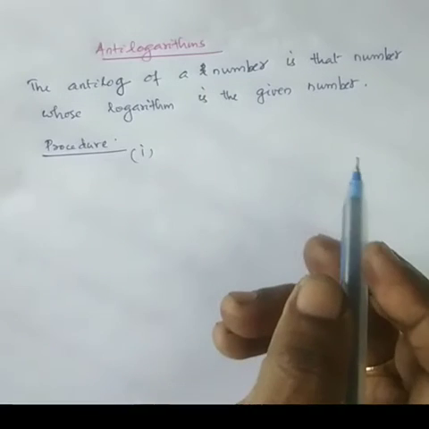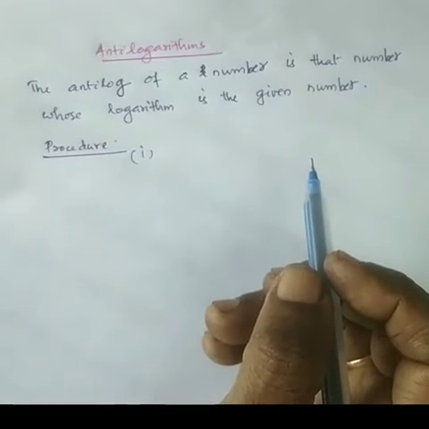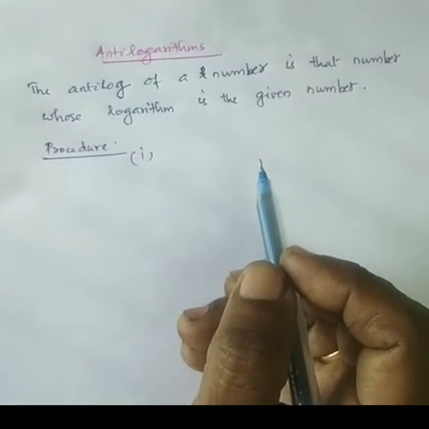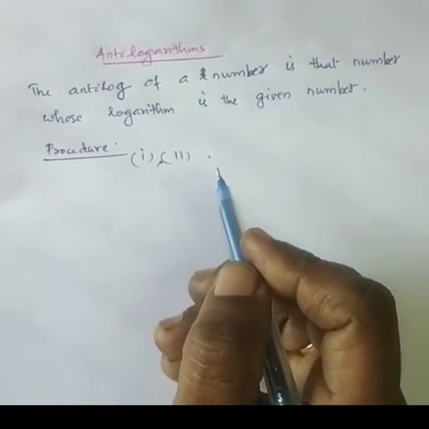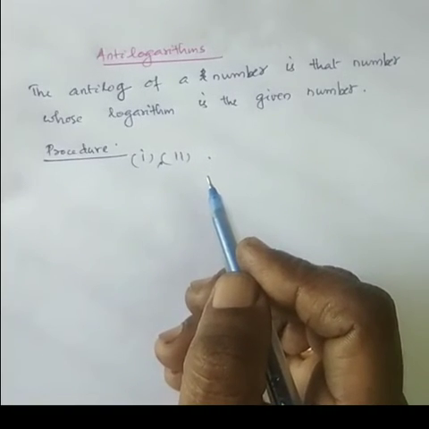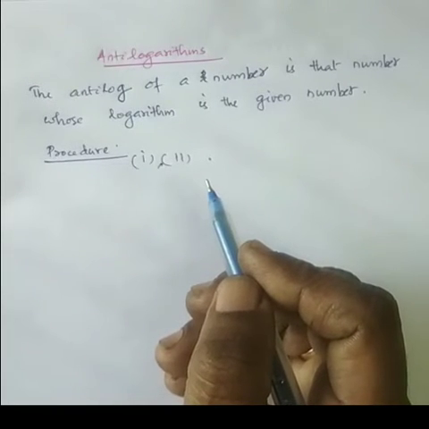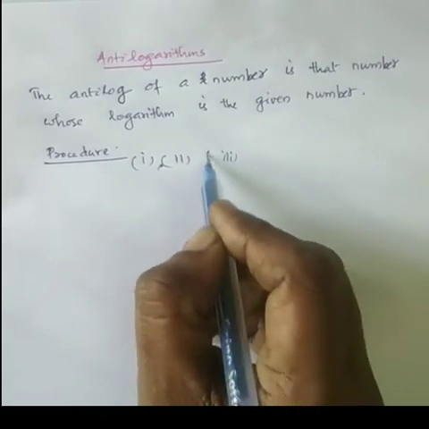In case of negative logarithm, the mantissa must be converted into a positive mantissa before reference to the antilog table. Second step. The first two digits of mantissa are seen in the first column of the antilog table to locate the relevant row.